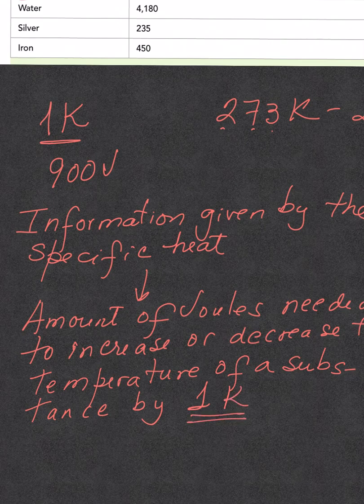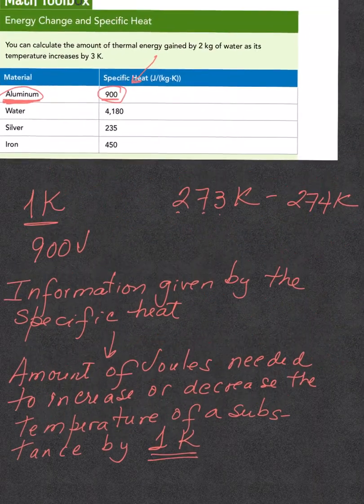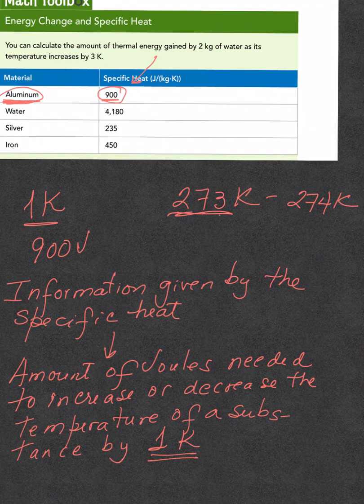Like the sample that I was explaining to you before with the aluminum. They say that I want to increase the temperature of aluminum by 1 Kelvin. So I have to add this amount of joules.